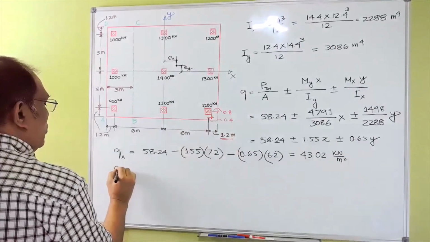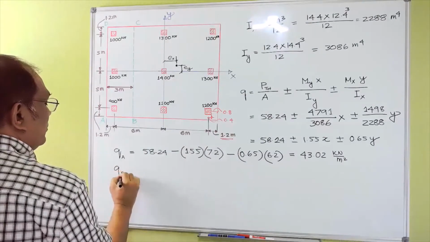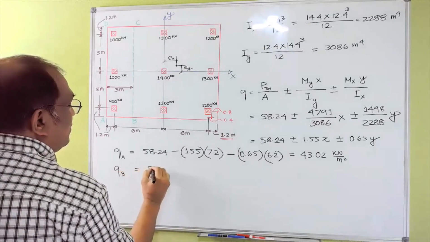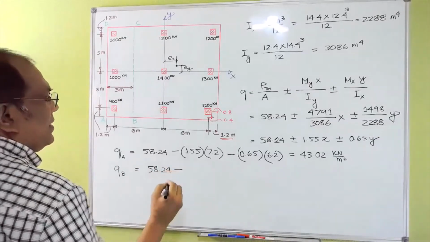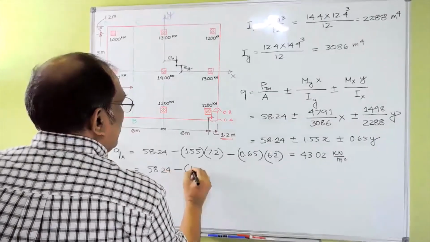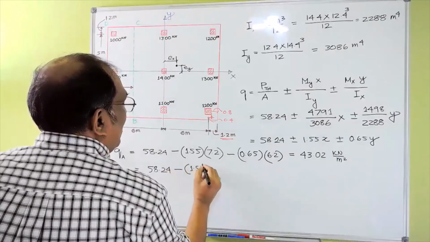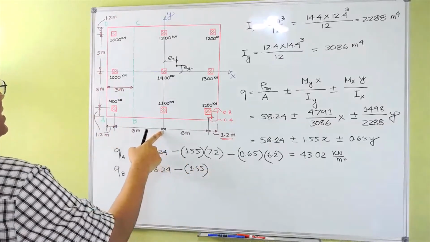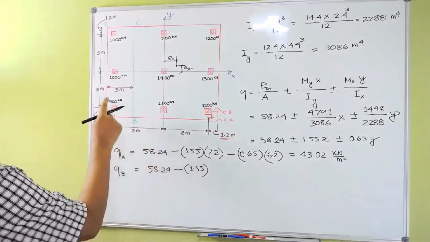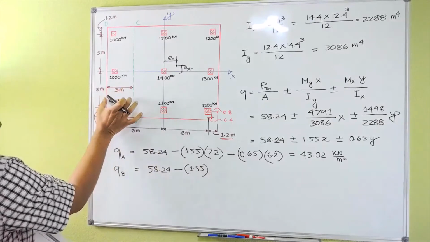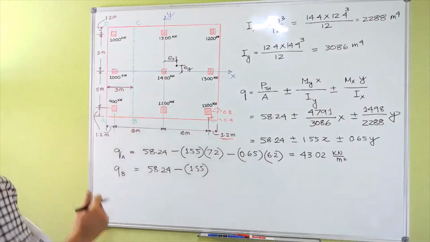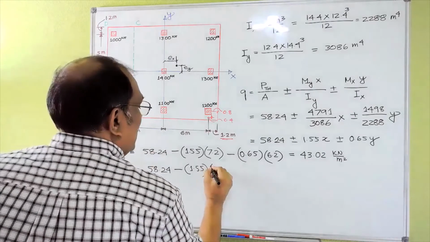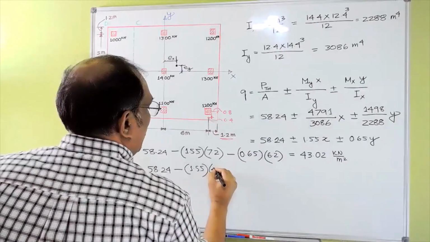Then for QB, this is 58.24 minus 1.55 times X. The total strip is 3 meter, so 7.2 minus 3 is 4.2.